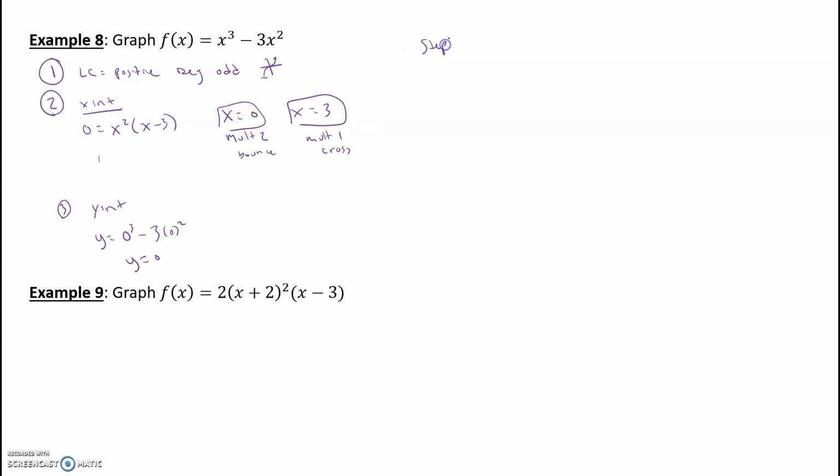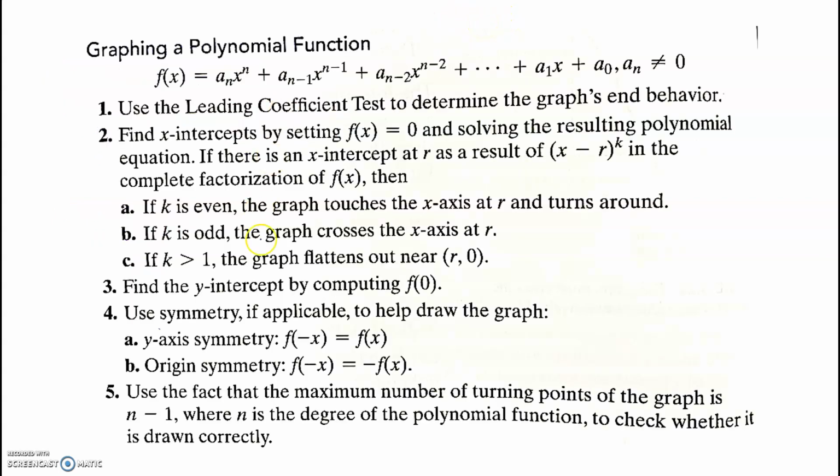Step 4 is we're actually going to find out if we have symmetry to the y-axis or symmetry to the origin. So if you look back here, we're going to run out of time. I'm probably going to pick this back up. Y-axis, if you plug in negative x, you should get the same function.